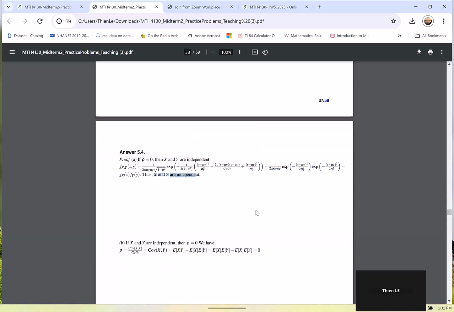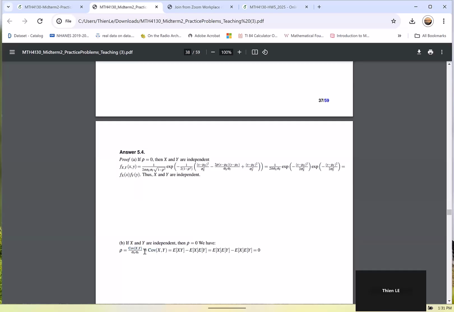And for the other direction, say you have two independent variables, then rho equals 0. The correlation rho is defined as the covariance divided by sigma x, sigma y. Now we look at the covariance.